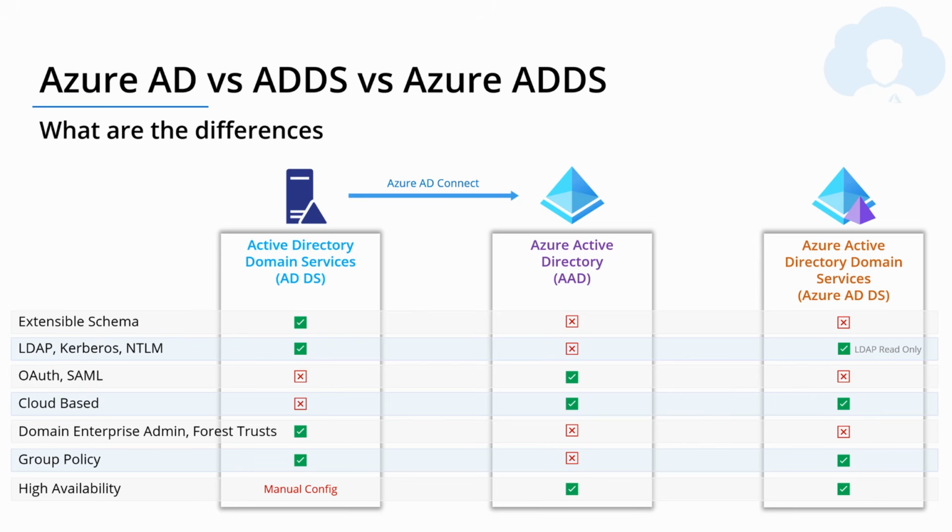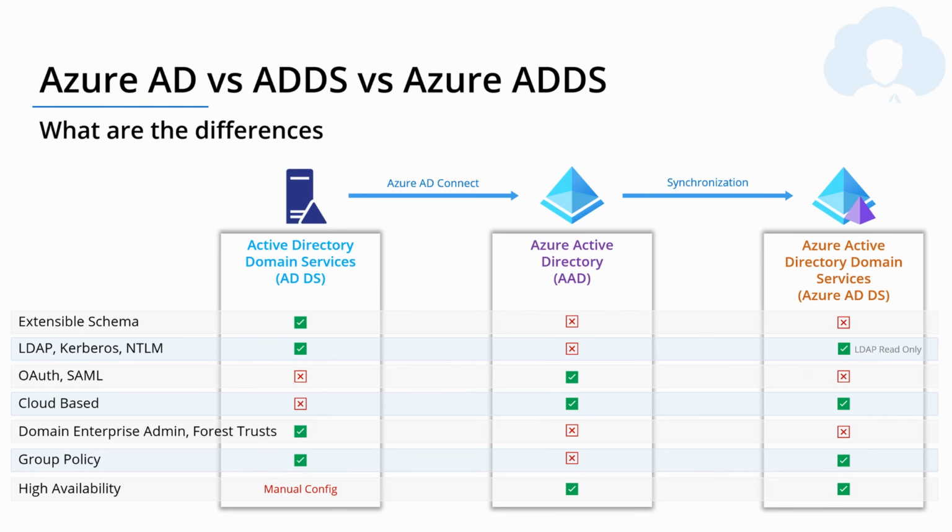This way your users will be able to use the same credentials and same identity for internal, but also cloud applications. And also, if you are moving to the cloud and you will need some of the features of the domain services from on-premises in the cloud, then you might want to leverage a synchronization between Azure AD and Azure AD Domain Services, allowing you to take advantage of some older protocols like LDAP, Kerberos, or maybe using group policies with the cloud solutions or the solutions that do not support the newest features.